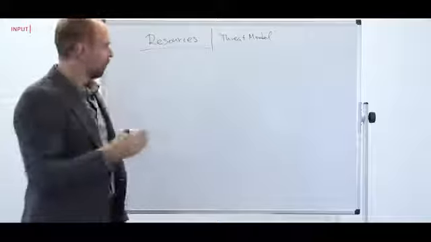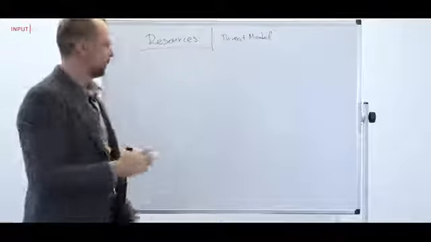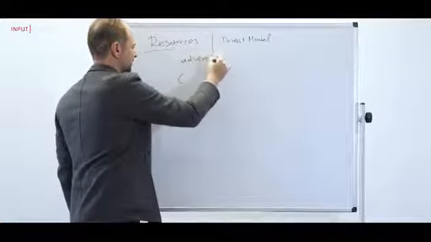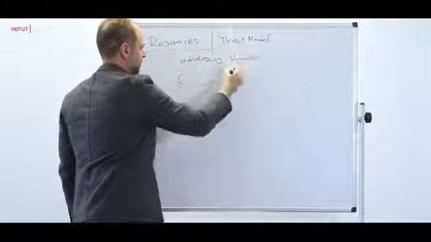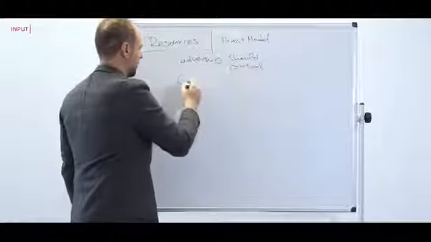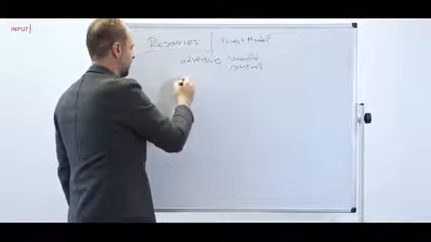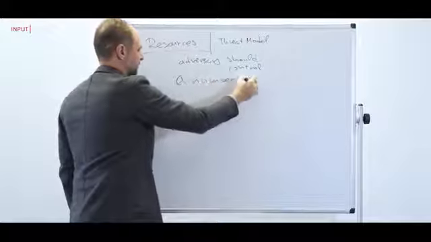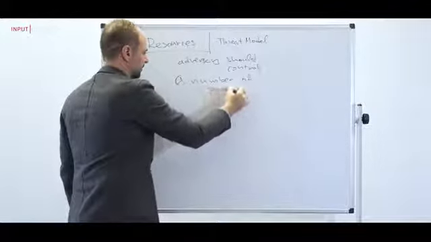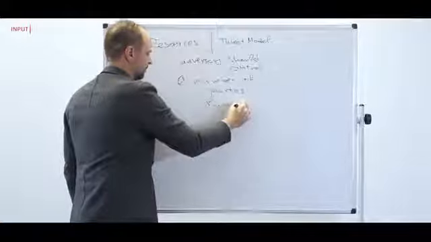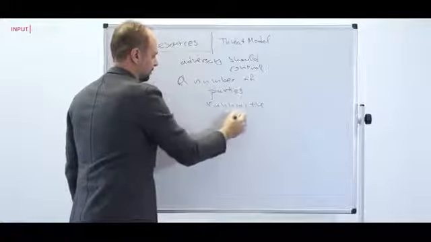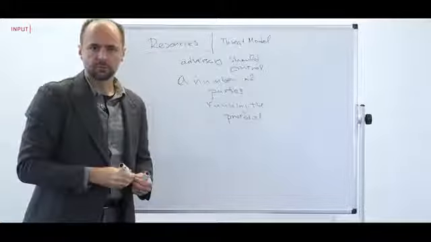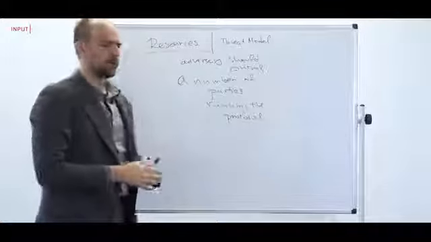Now, in the threat model, we would like to specify what the adversary is capable of doing. So the adversary should control a number of parties. Now, we have to put a bound on how many parties the adversary should control.